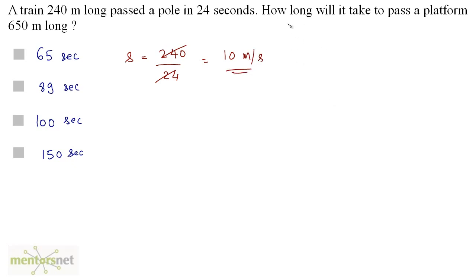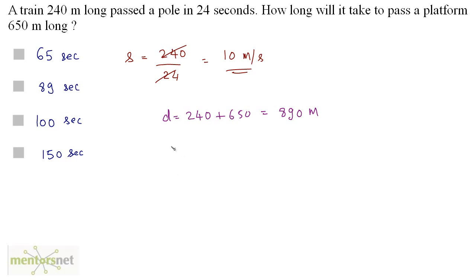Now we have to calculate the time at which this train, at the speed of 10 meters per second, crosses a platform 650 meters long. So the distance to pass this 650 meters long platform will be the train's length plus the length of the platform. So 240 plus 650, and that is equal to 890 meters.